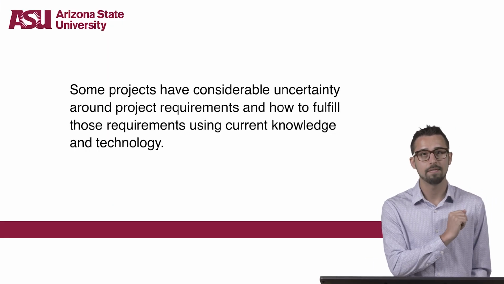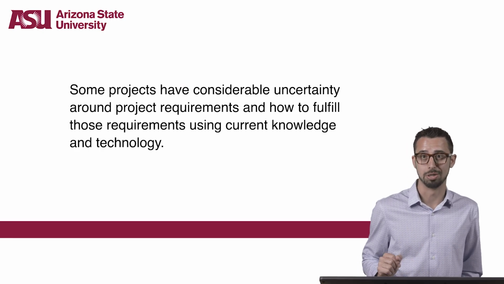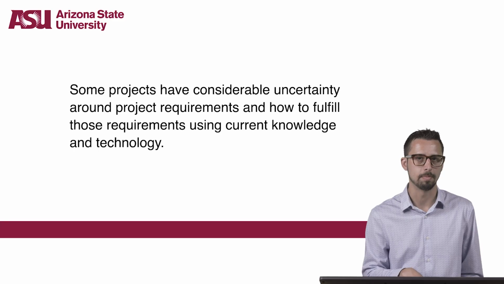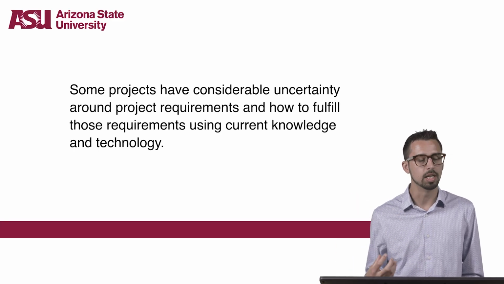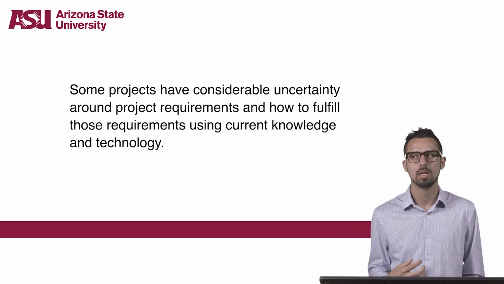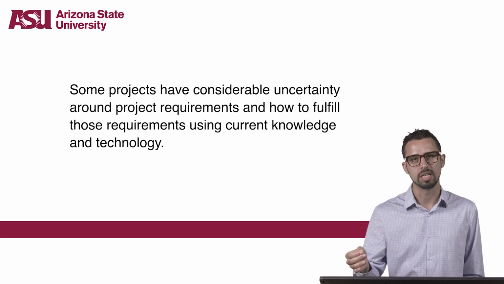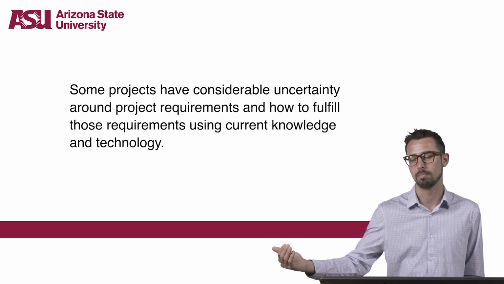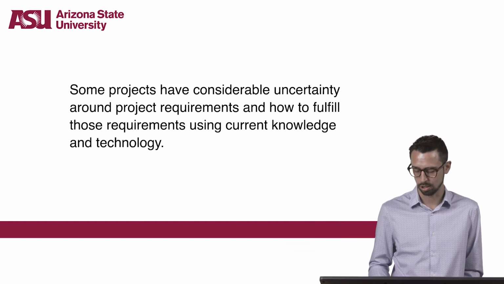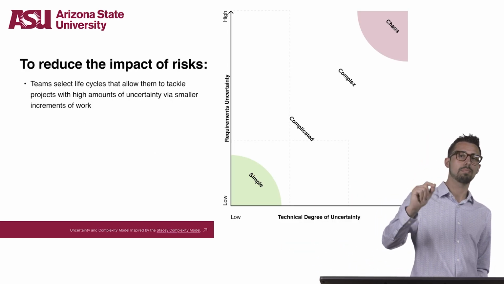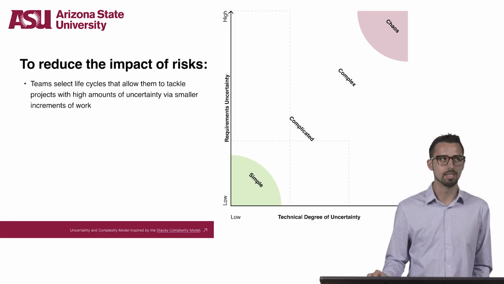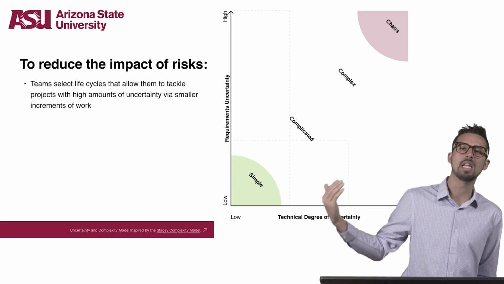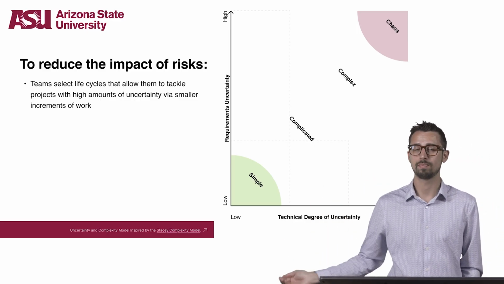Some projects have considerable uncertainty around project requirements and how to fulfill those requirements using current knowledge and technology. Those uncertainties can contribute to really high rates of change in project complexity. We learned about that in the previous lecture. And as project uncertainty increases, so too does the risk of rework and the need to use a different approach.